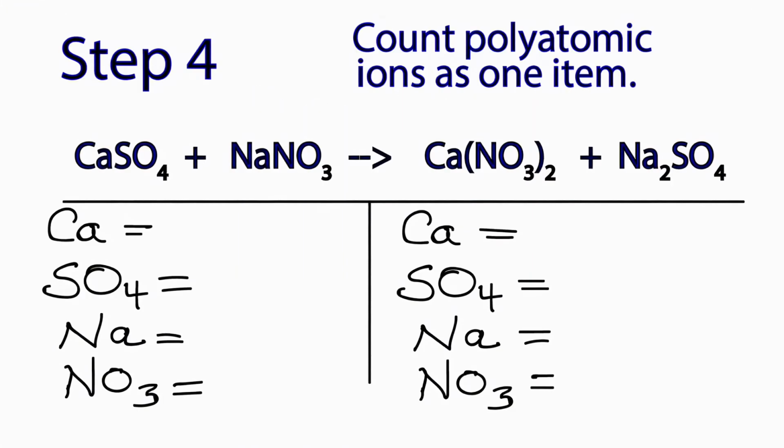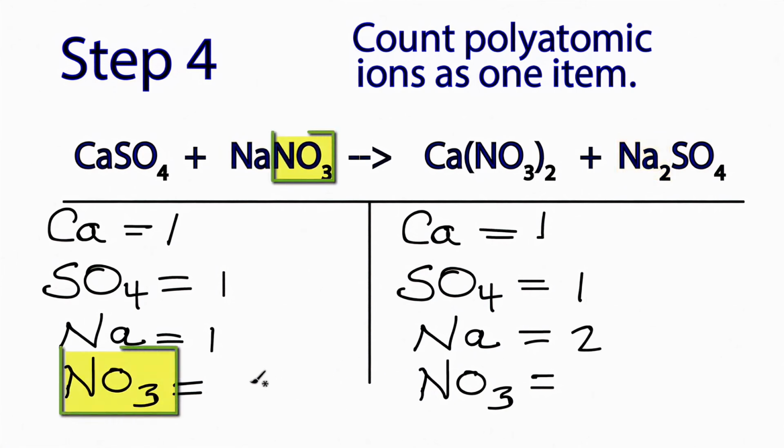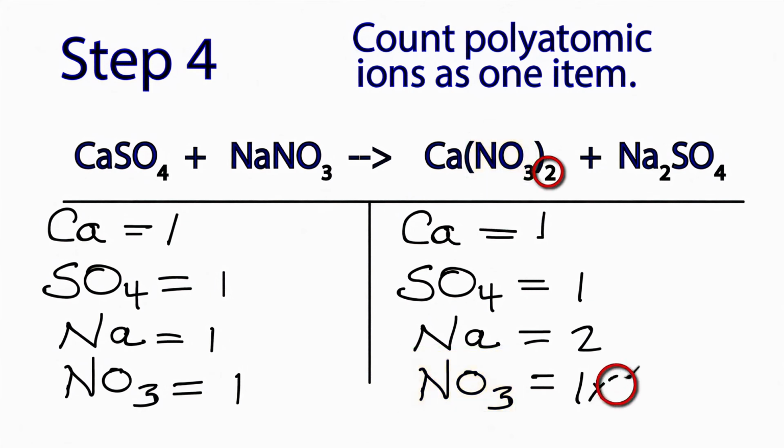So here's the equation, and I've done my accounting below. You can see I have 1 calcium here, 1 calcium over here, and then I wrote the entire SO4 as one thing. And I have 1 of those here, and over here I have 1 SO4. Na's, 1, 2 Na's on this side, and over here 1 NO3, and I have 1 NO3, but that 2 on the outside means I have 2 of them.